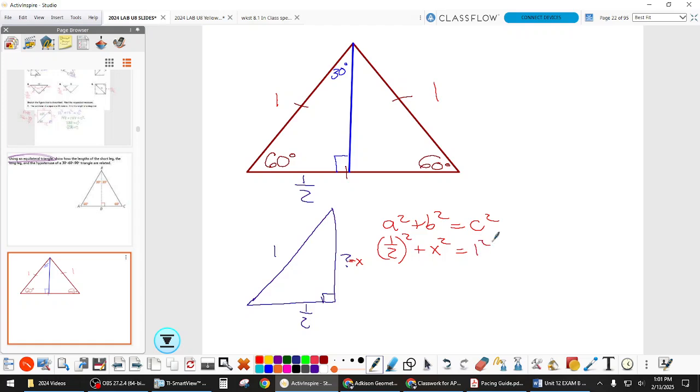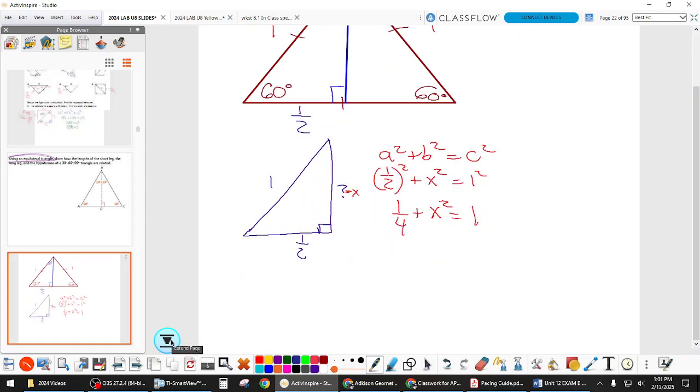Okay. And then the hypotenuse is just 1 squared, which is 1. 1/2 squared means 1/2 times a half, which is what? A fourth, 1/4. A fourth, yep. 1 squared is 1. Okay, what do we need to do next to solve for x? We need to get it by itself. Yep. Good job.